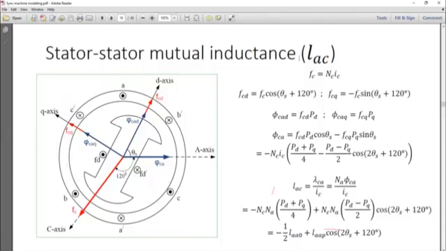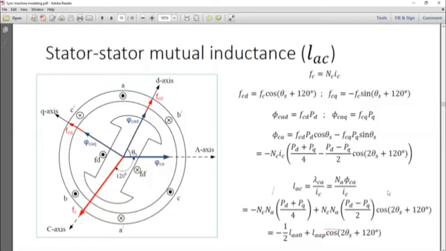In a similar manner, you just have to keep track of the angles between the axes, and that will be sufficient to complete this calculation in this slide. Nothing special. The final expression that you would get is again minus half LA0 plus LAP cosine, now it is 2 theta s plus 120 degree.